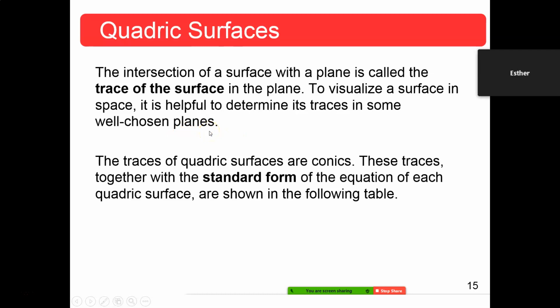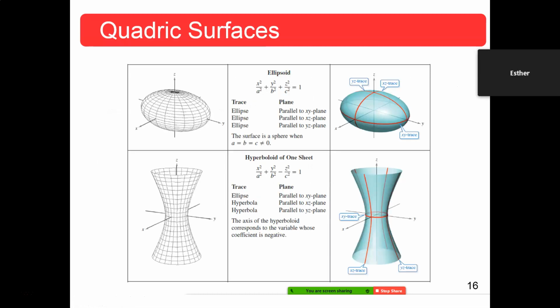The traces of quadratic surfaces are the conics, which are your circles, ellipses, parabolas, and hyperbolas. Those are your traces. Those traces, together with the standard form of the equation of each quadratic surface, are shown in the following table. And again, I guess they do show you the picture.